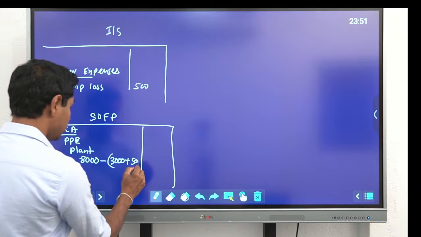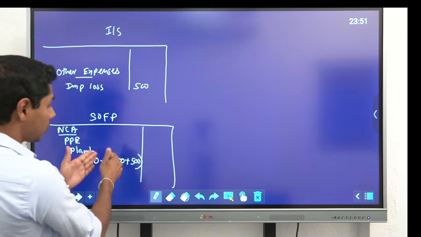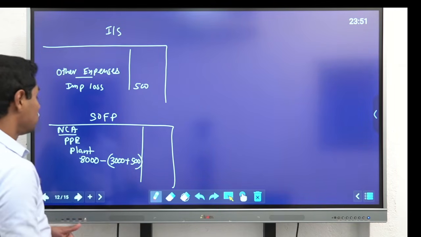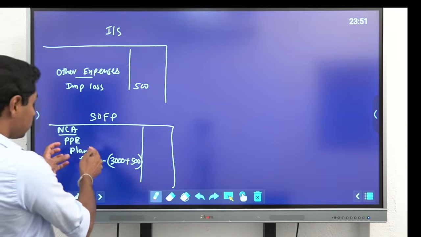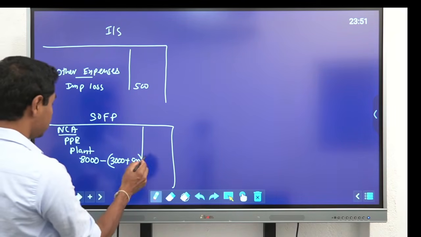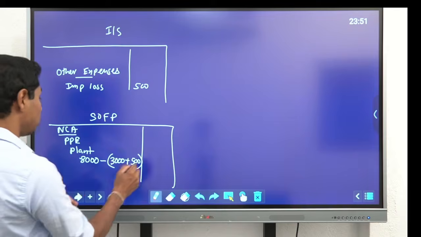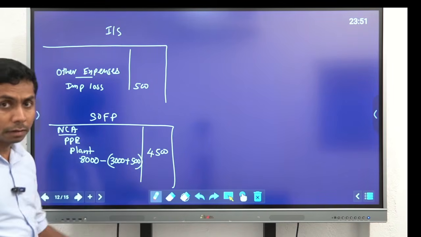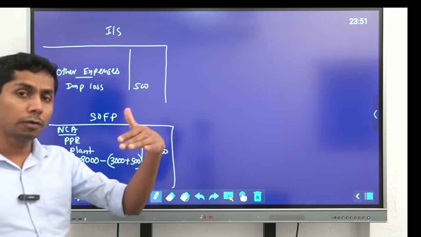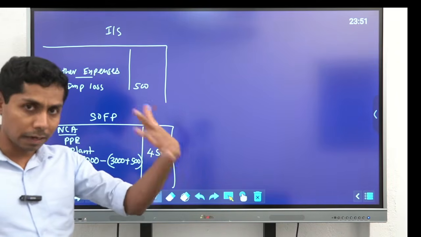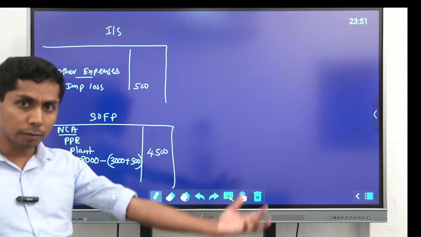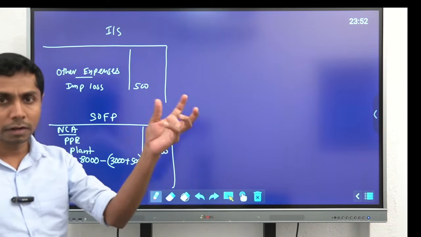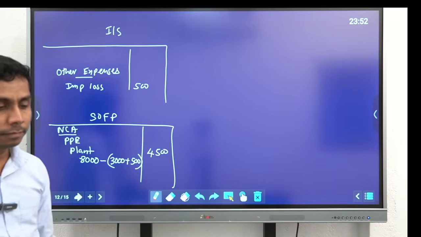So now balance of the accumulated depreciation and accumulated impairment loss is now 3,500. So the new carrying amount of the plant is 8,000 minus 3,500, 4,500, which should be the carrying amount. So what have we done? We have brought the carrying amount of the asset of 5,000 to the recoverable amount. Got it?